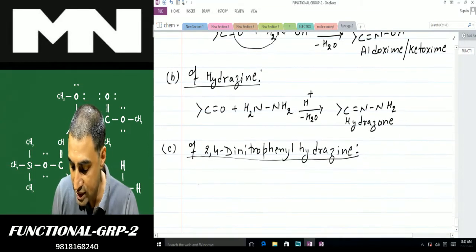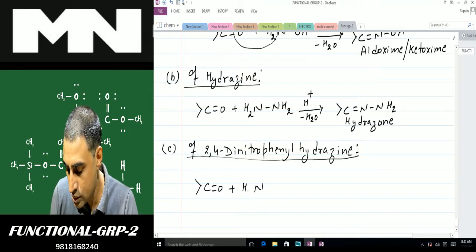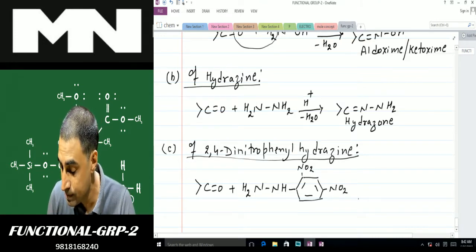Now let us have a look at this compound. Here I have aldehyde or ketone. I am reacting it with 2,4 dinitrophenyl hydrazine. Here you will have an NO2 group and on this position also you will have an NO2 group. This is 2,4 dinitrophenyl hydrazine.